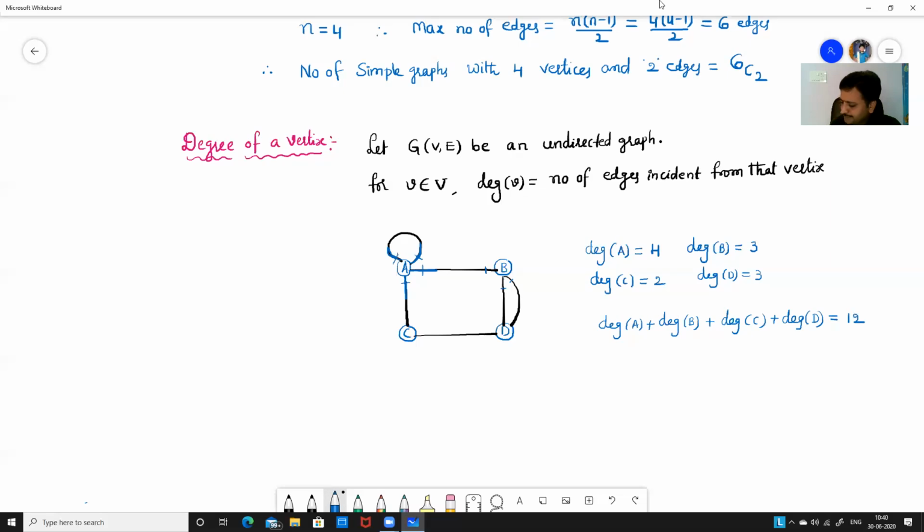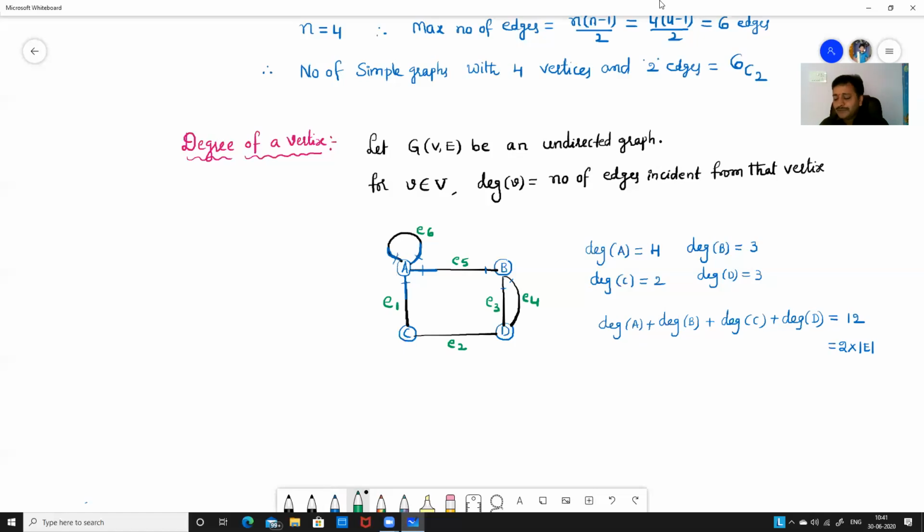That is equal to 12, which is always equal to 2 times the number of edges. See how many edges we had. Let me give names for these edges. We can say E1, E2, E3, E4, E5, E6. Okay. So there are a total of 6 edges. Therefore, 2 into 6 is equal to 12.